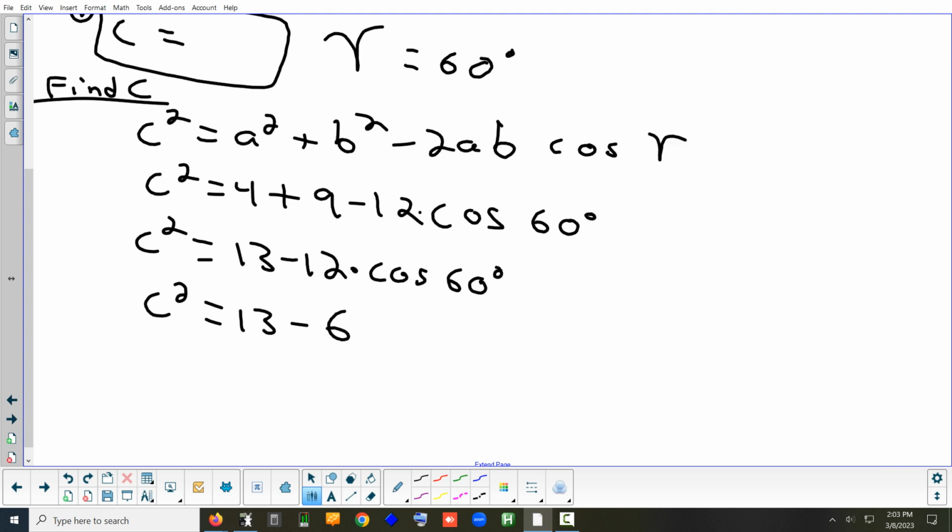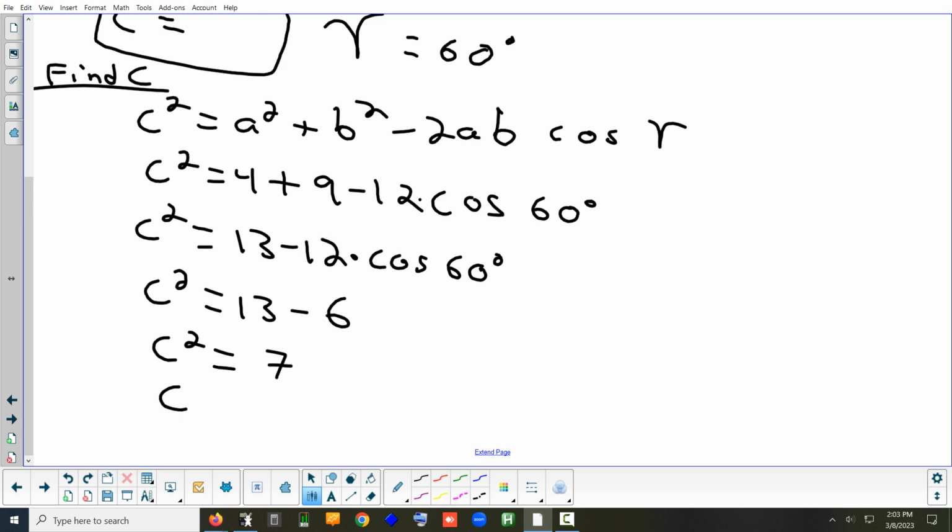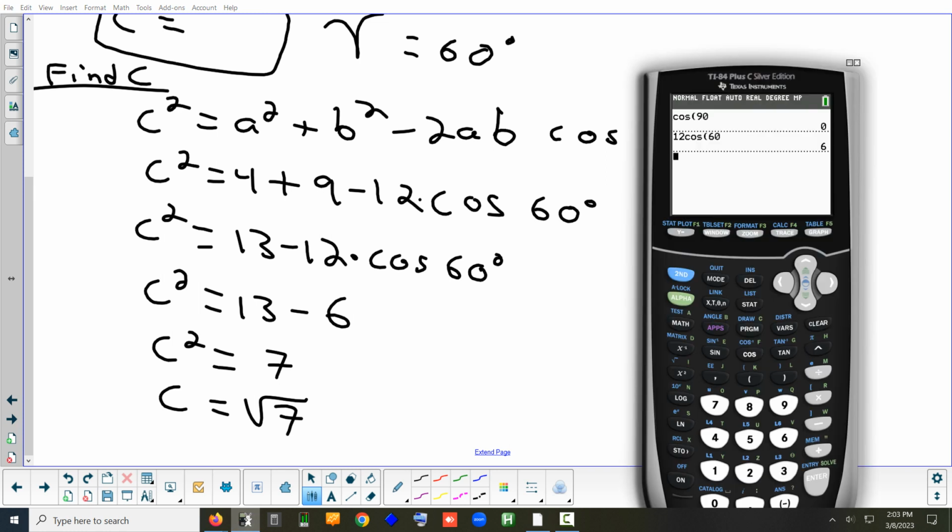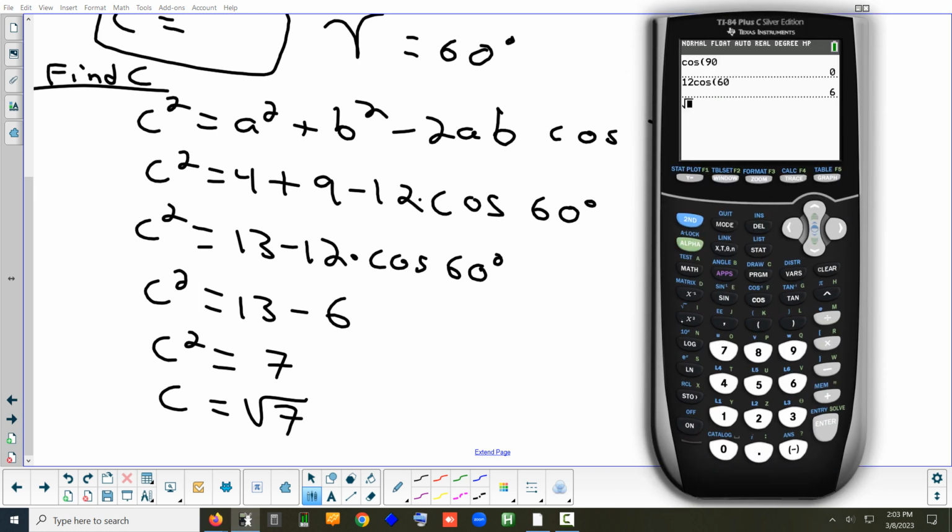Okay, so now I can combine 13 minus 6, which is how much? 7. And what's my last step? To get c by itself. Take the square root. And in this case, we're going to round that off. And that's going to be our answer. Okay, so square root of 7 is about 2.646.